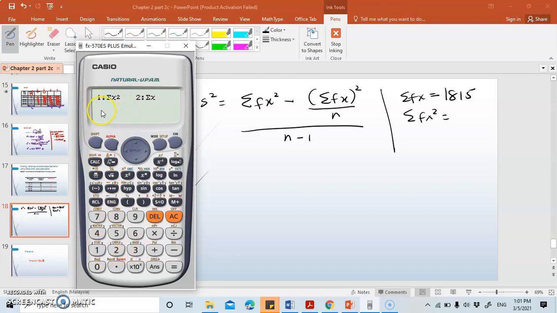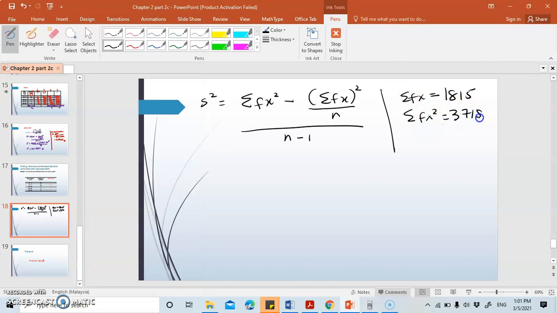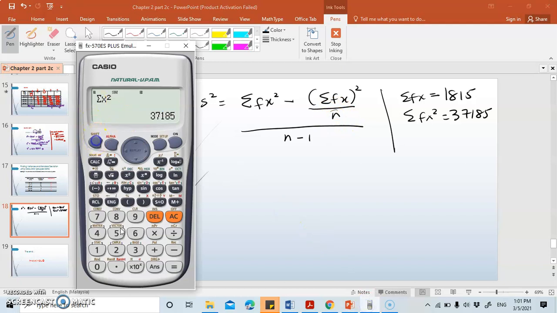This is the value for total fx squared, 37185. Next value is the n value. Shift number 1, number 4, this is n here, number 1. So n is 100.